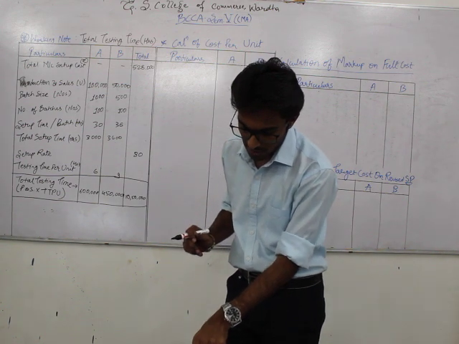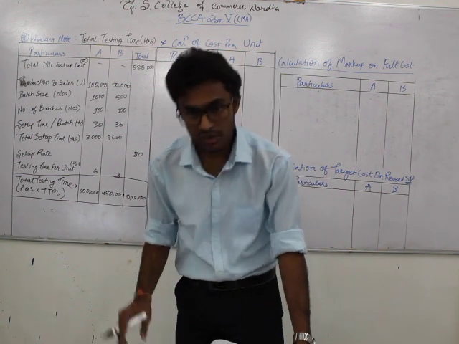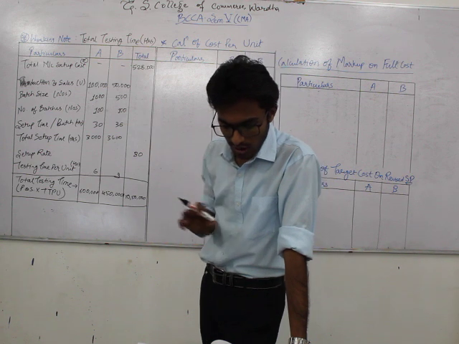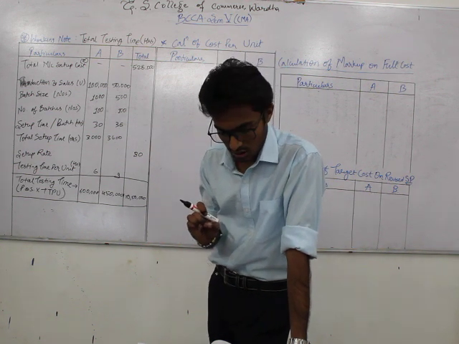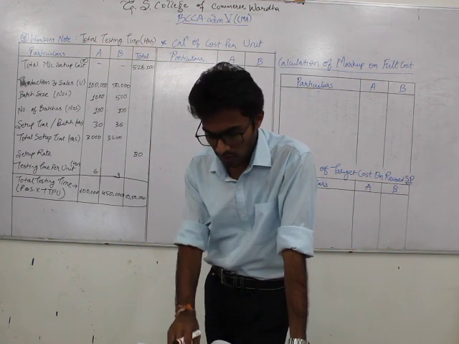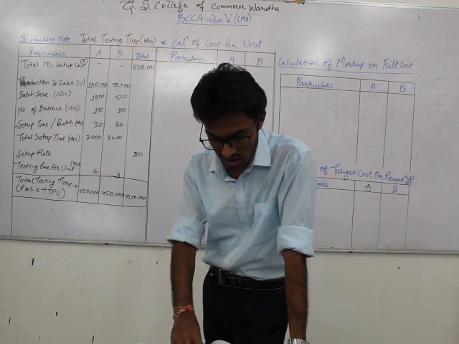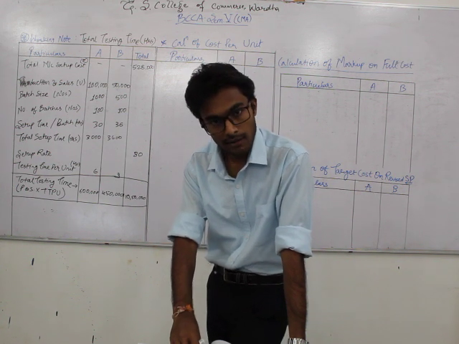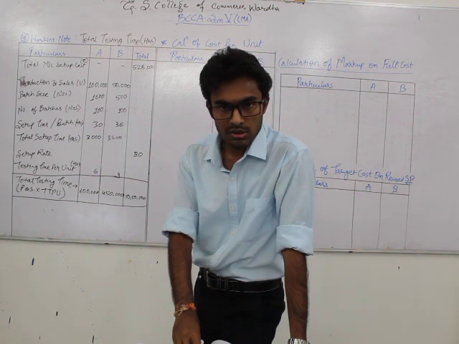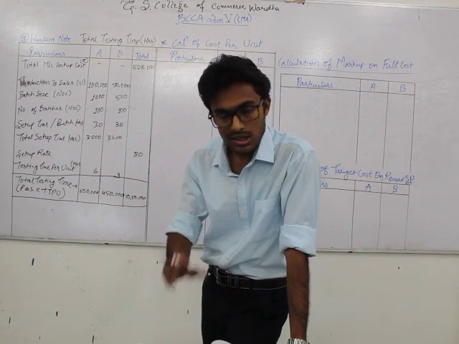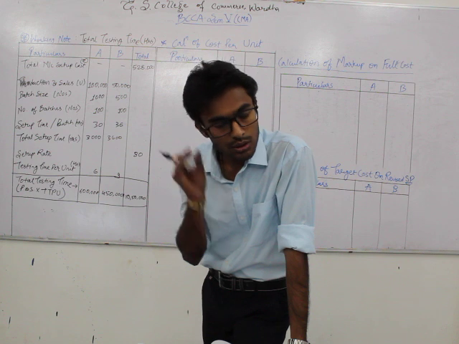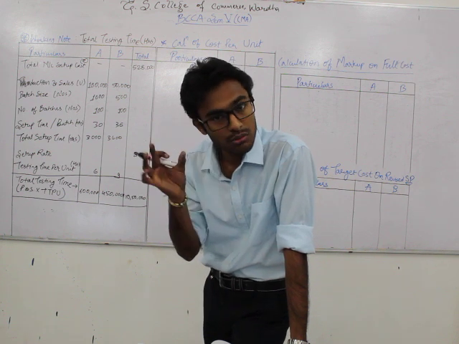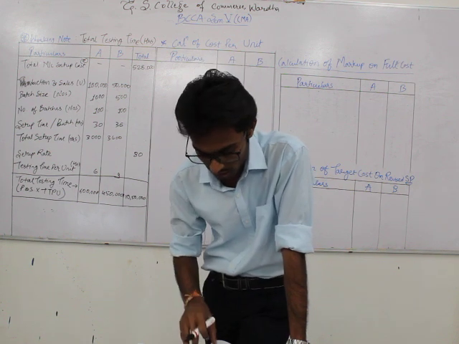So after that, we have to calculate testing cost rate per hour. This can be somewhat difficult for you because this is new to you. So to get this very clear, you have to read it properly.